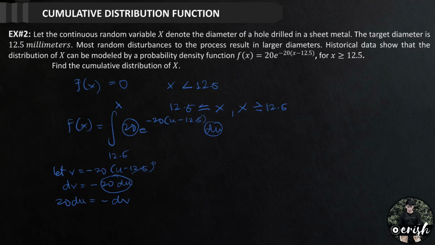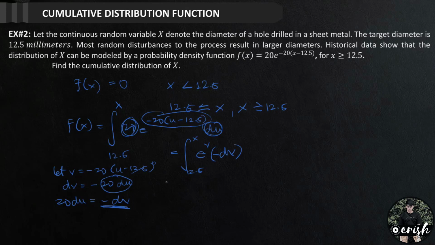And next, we are going to substitute the values na na-solve natin from letting v and solving the derivative of v. This is now equal to the integral of ang e natin raised to ito, which is inilet natin as the v. So this is e raised to v. And yung 20 du natin, ito yan. This is now equal to negative dv na, from 12.5 to x.